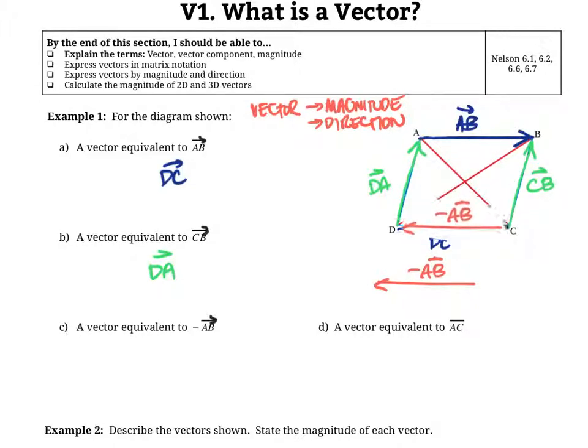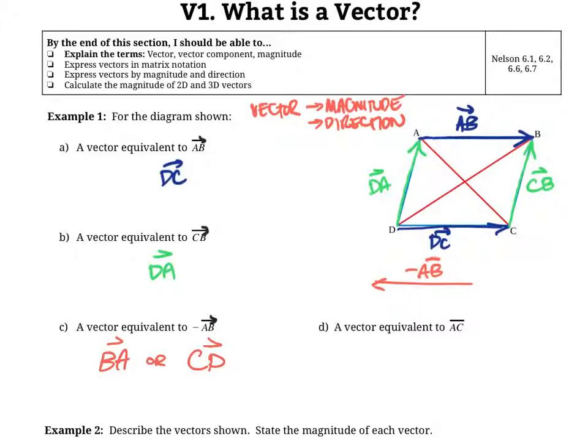We could also go down here and see that CD is a vector that has the same magnitude and same direction, right? So that's actually two answers there that we could potentially use. So I'm going to do that BA as an answer, or CD as an answer, as going the opposite direction.